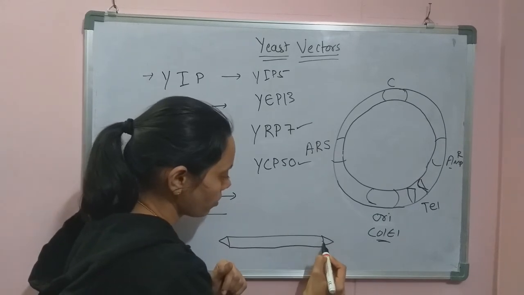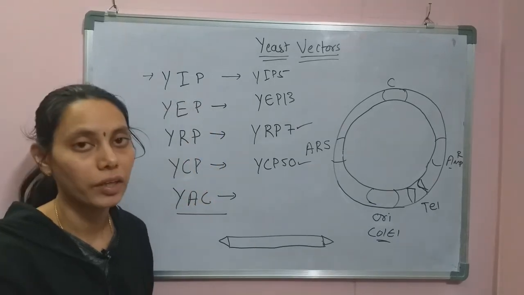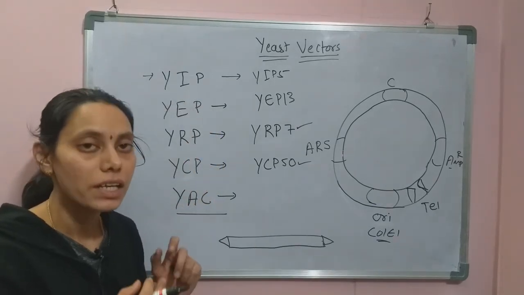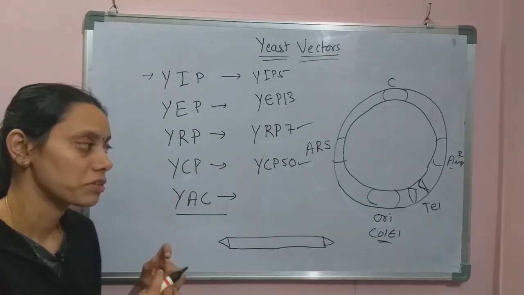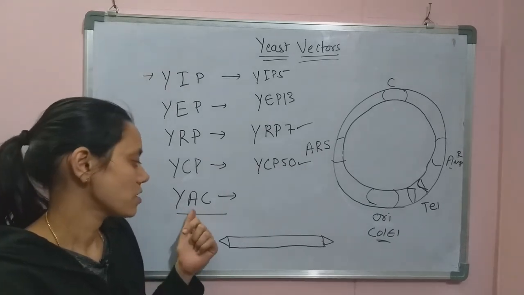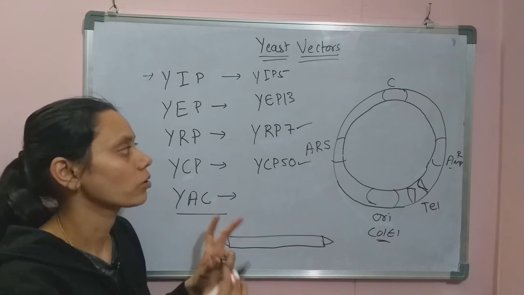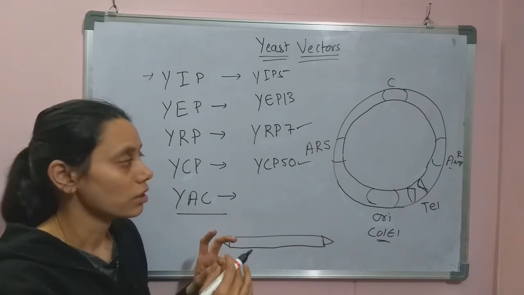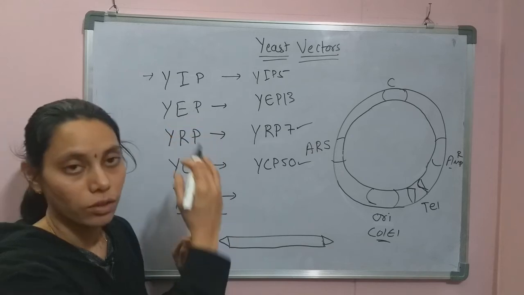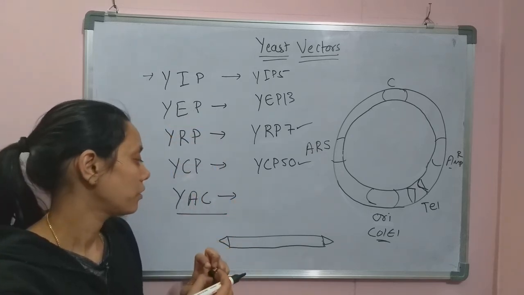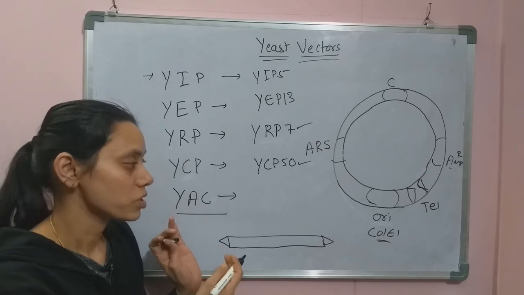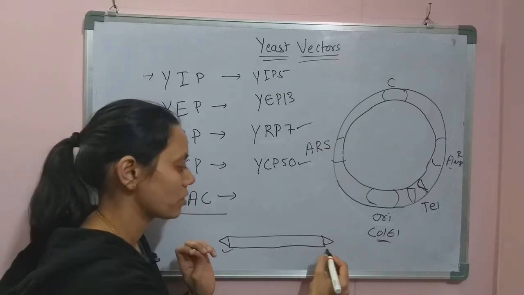So they can be stably maintained throughout the life cycle of the yeast cell. Due to the presence of telomeric regions inside the yeast artificial chromosomes, along with all other regions that are taken from the types of plasmids we discussed before, these artificial chromosomes have these telomeric regions as well.